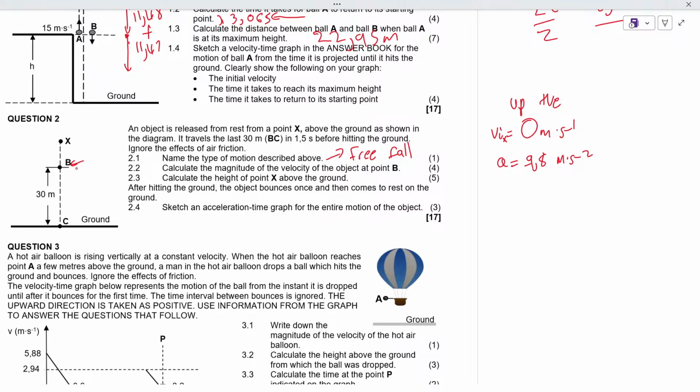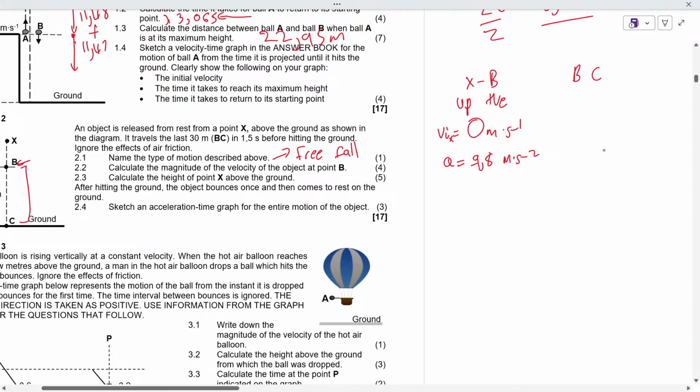The segment from X to B is this one, and there is also the segment B to C for which we are given variables. For the section BC, it takes 1.5 seconds, and we are also given its distance: change in y equals 30 meters.